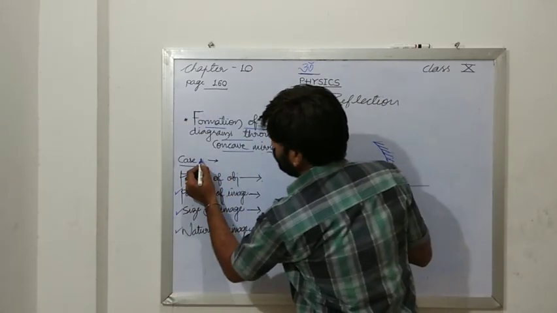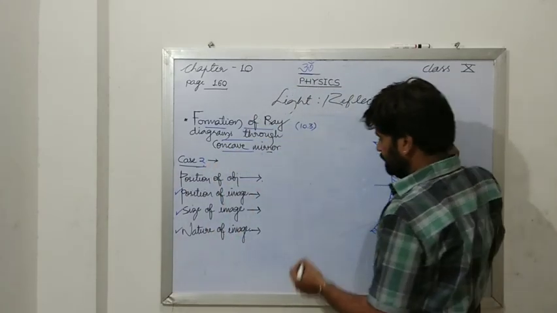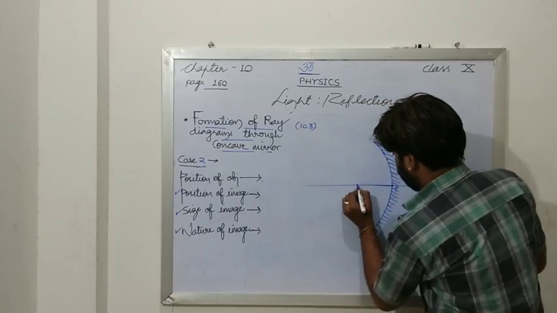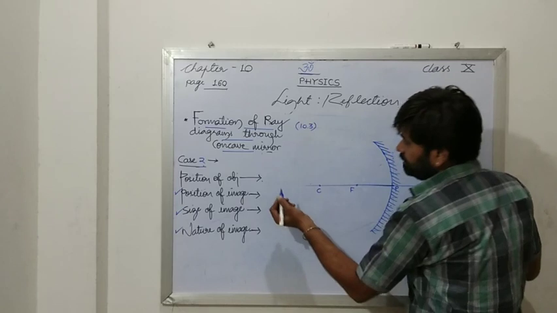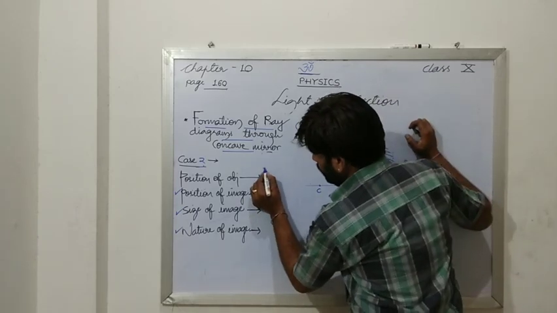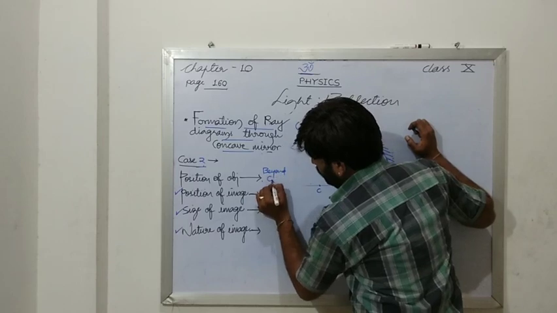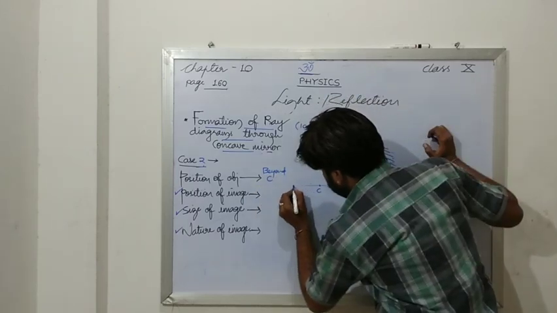Case number 2, position of object. In case number 2, this is our focus, this is our center. In case number 2, the position of object is beyond C, beyond the center of curvature.